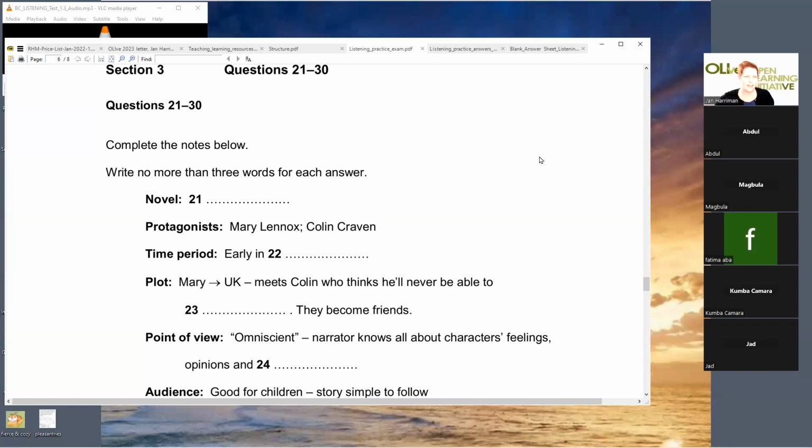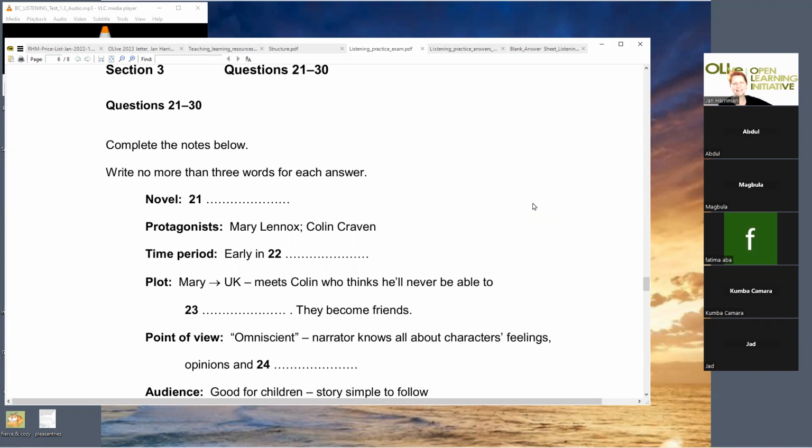All right. And so question 22, what are we looking at? It even tells us what we're looking at. Date. Yep, so it's going to be a date. Early in. Now, what did we just learn about our prepositions for time?